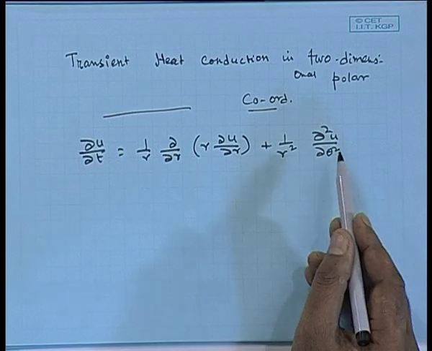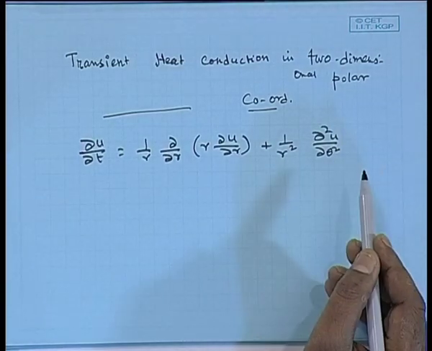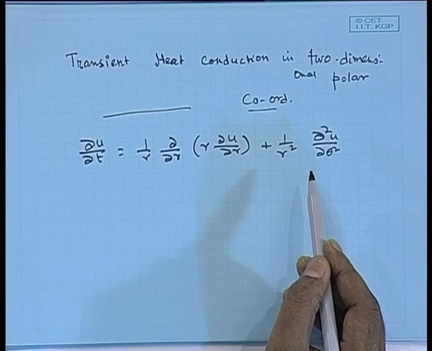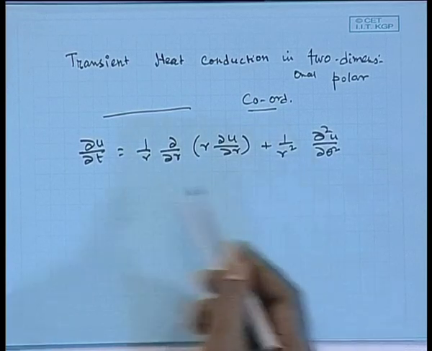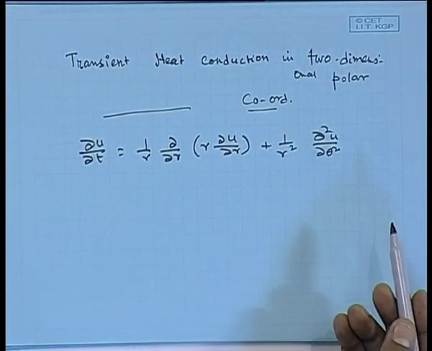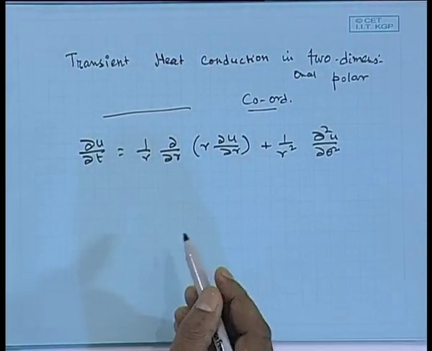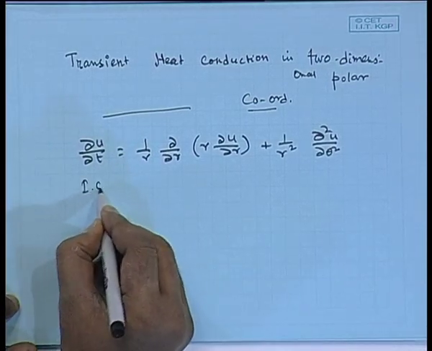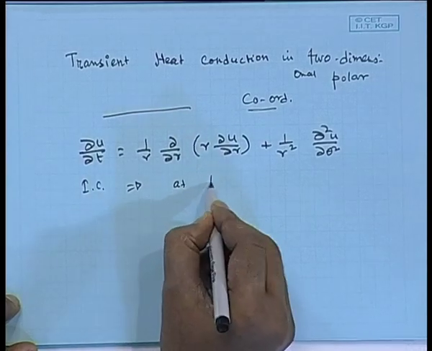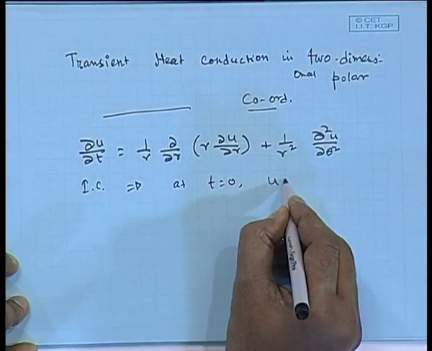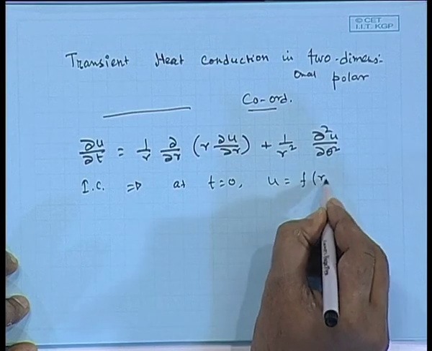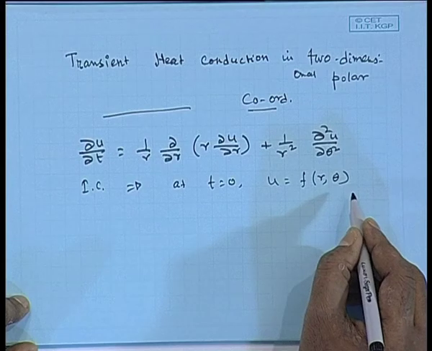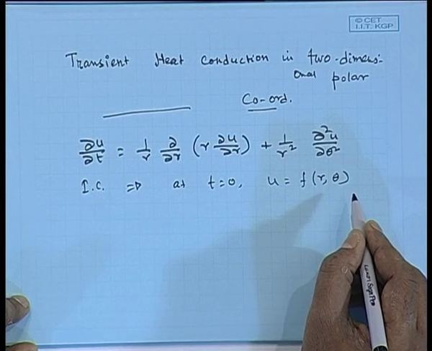Now, again this u is basically your transformed temperature, and there will be a constant appearing here, that is alpha, the thermal diffusivity. So, let us consider it as 1, it really does not matter, it will be incorporated in the time varying part. Okay. Now, let us look into the boundary condition and initial condition. The initial condition will be at t equal to 0, u can be some function of r and theta, it can be a function of r only, a function of theta only, or equal to some constant as well.